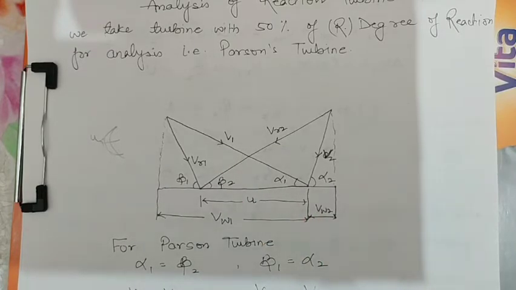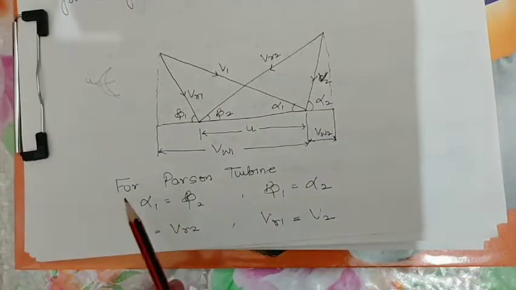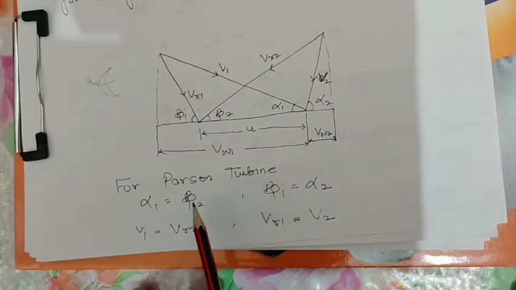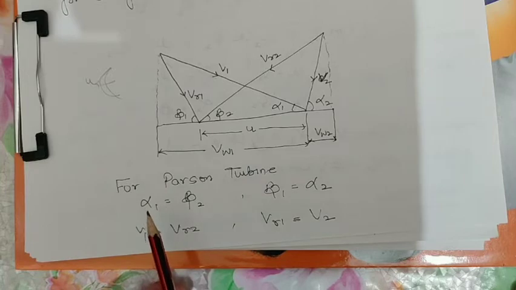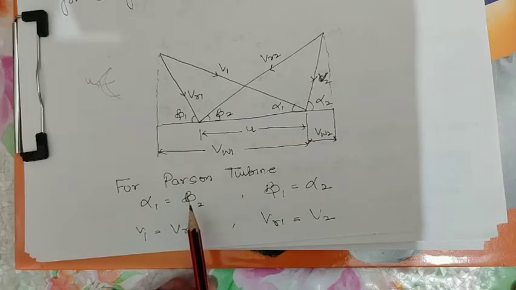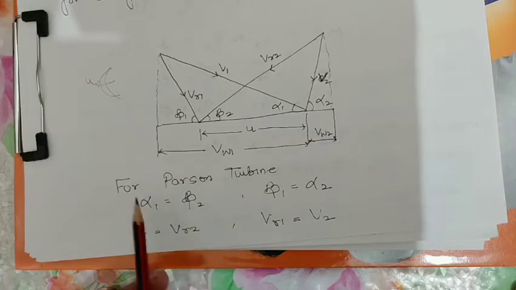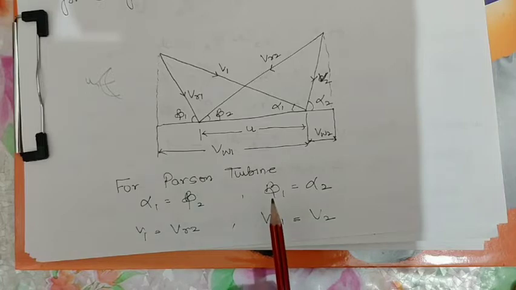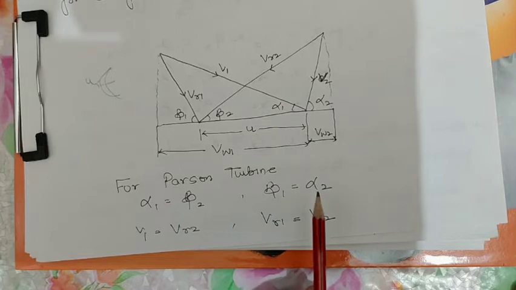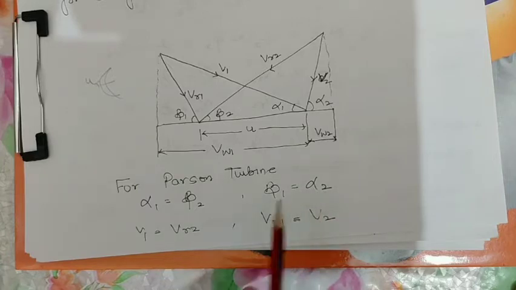So there are certain conditions of the Parsons turbine. In the Parsons turbine, it is assumed that alpha 1, the angle of the fixed blade, is equal to beta 2, the angle at outlet. Beta 1, the blade inlet angle, is considered equal to alpha 2, the angle at which steam leaves the blade.